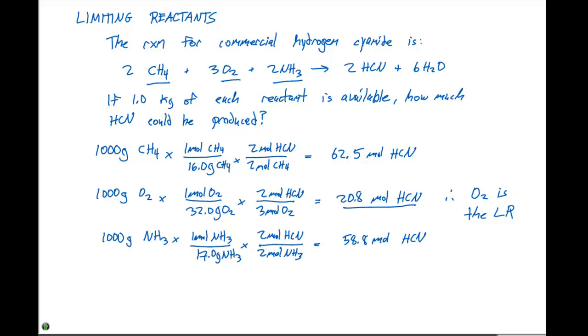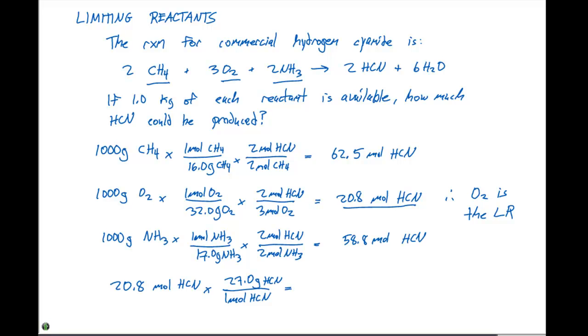So we've already calculated the moles of HCN produced from 1,000 grams of oxygen. Now we just need to convert this over to grams, because 20.8 moles of HCN will be produced. From the periodic table, 1 mole of HCN is going to be 27.0 grams.